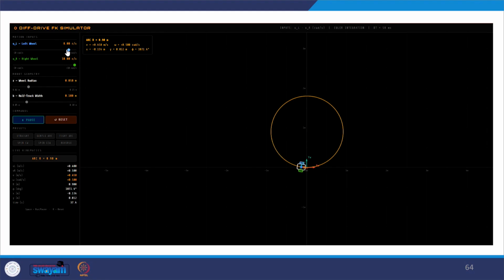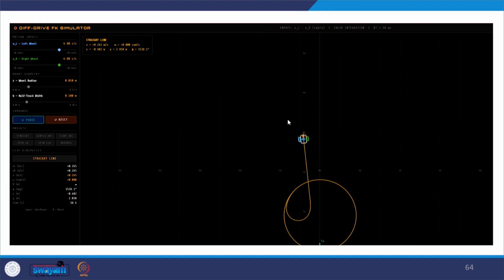Okay, and here we can see that if I make both the wheel velocities equal, then as discussed earlier, we will be getting a straight line motion of the robot. Okay. So, this way we can play with the animation and see how these results come.